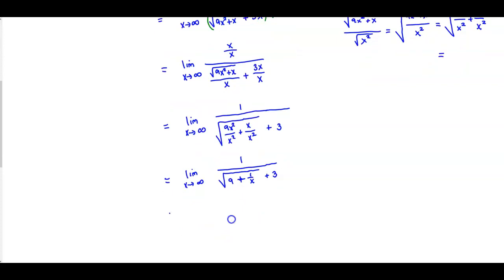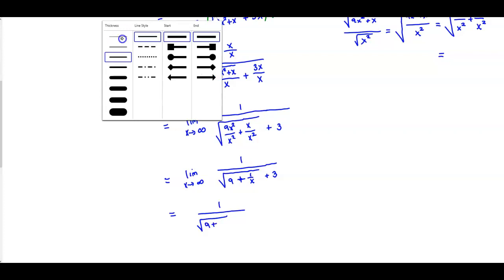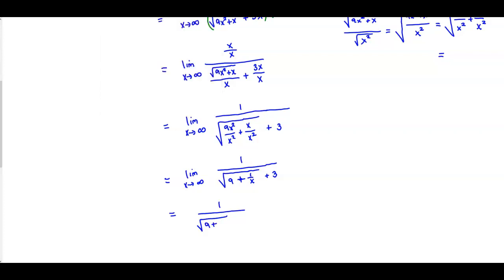Okay, now let's go ahead and apply the limit as x approaches infinity. So we have 1 over the square root of 9 plus, well, this is 1 over infinity, which becomes 0.